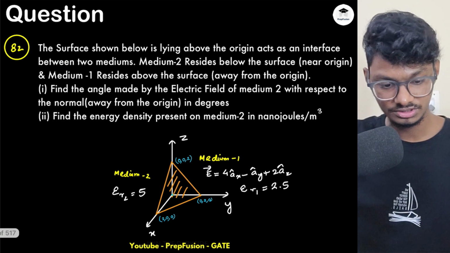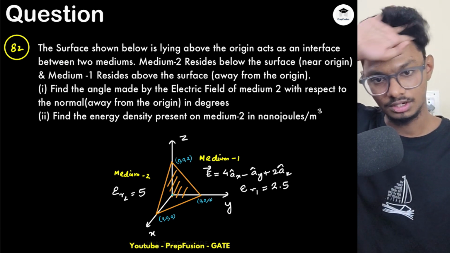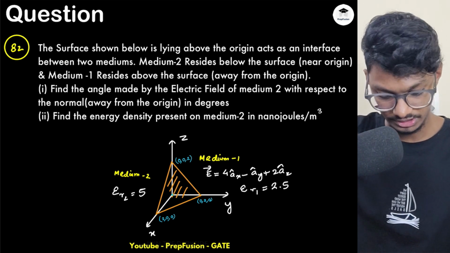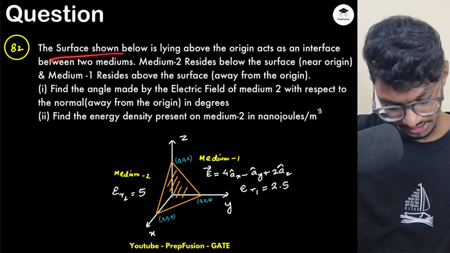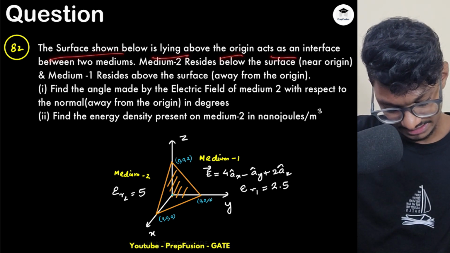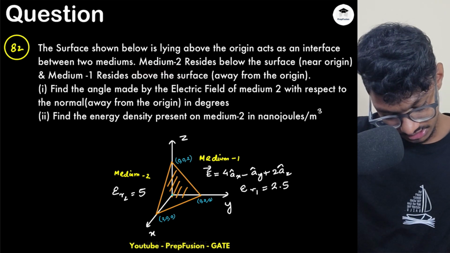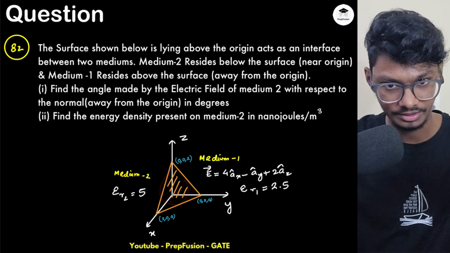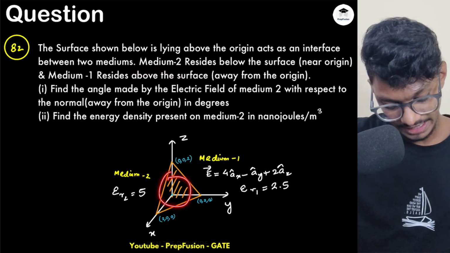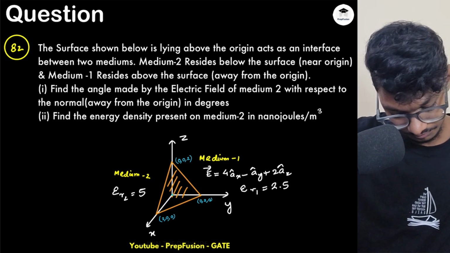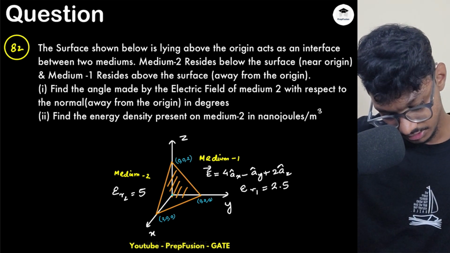Okay, let's move on to the next question. This question is also pretty good. You can do this. This question has told us that a surface shown below, lying above the origin, acts as an interface between two mediums.